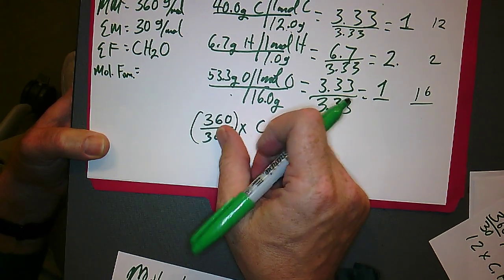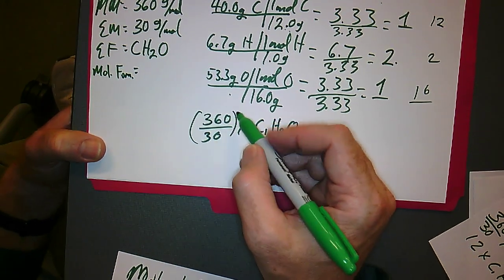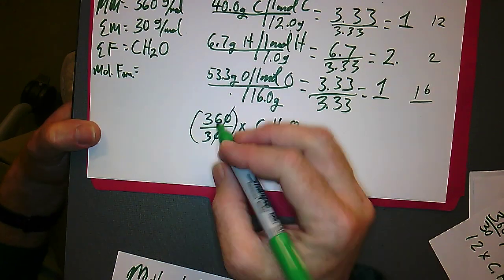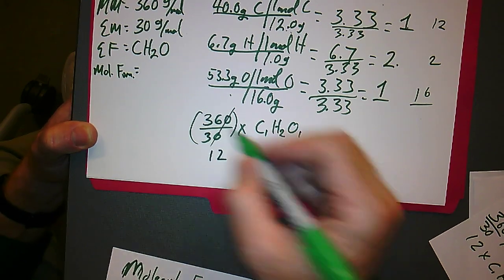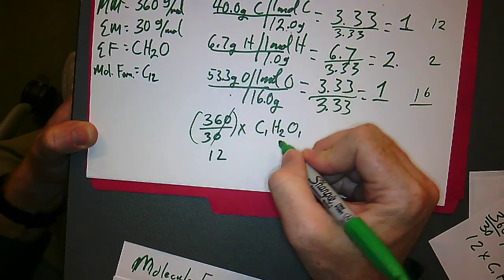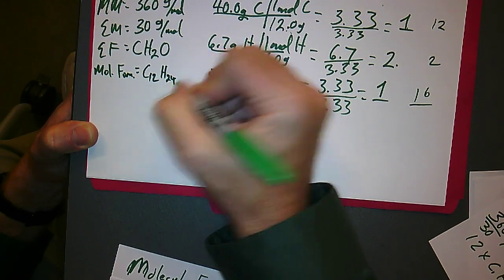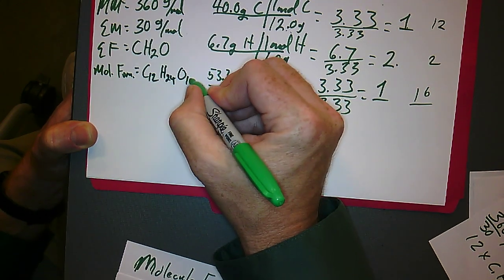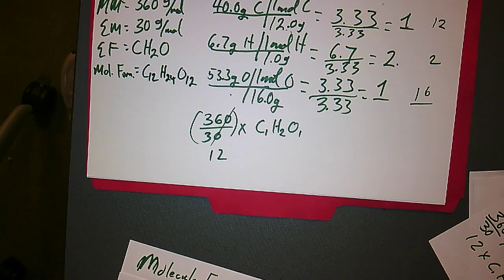What's 36 divided by 3? 12. If they both end in 0, you can cancel the zeros. So 12. 12 times 1 is 12, so C12. 12 times 2 is 24. And 12 times 1 is 12 again. So the molecular formula of this compound is C12H24O12.